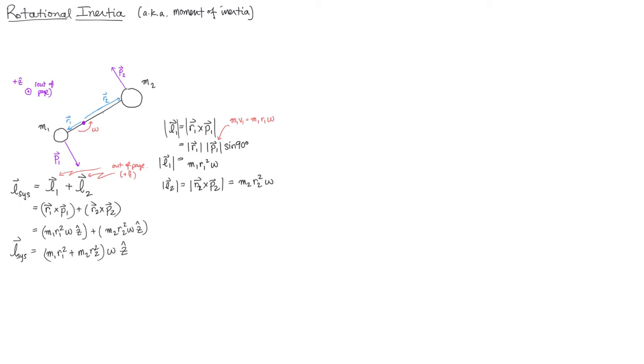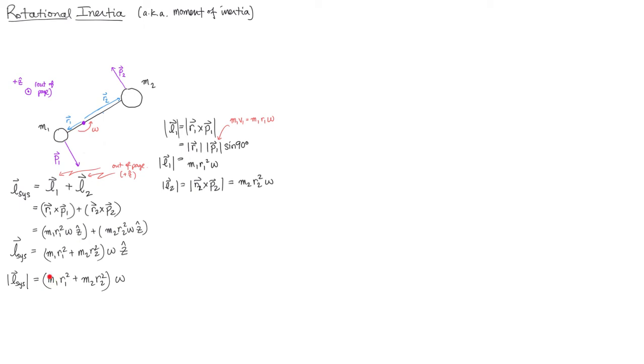Notice what we have on this right-hand side. If we look at the magnitude of this angular momentum, it's equal to mass times radius squared summed over all the particles, times the angular velocity of the system. This term in parentheses depends only on the shape of the system.